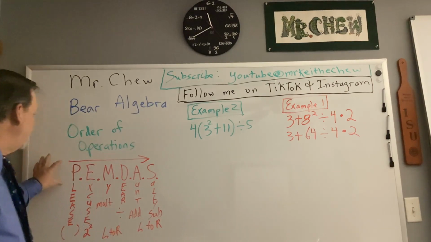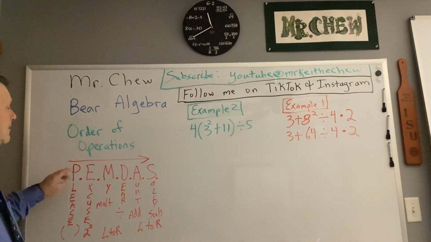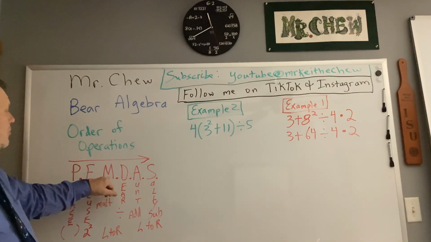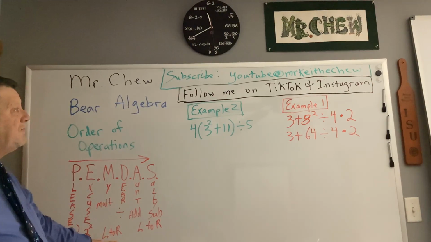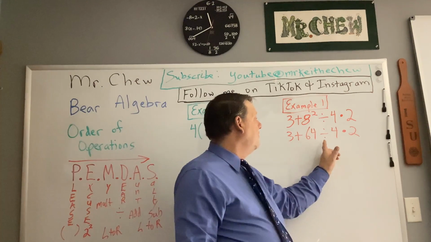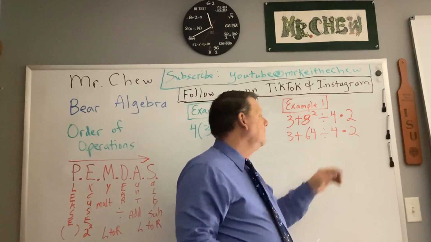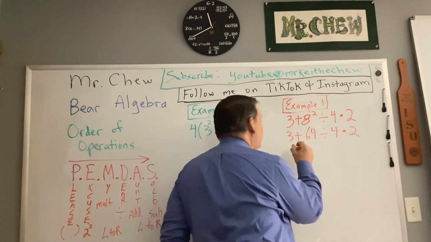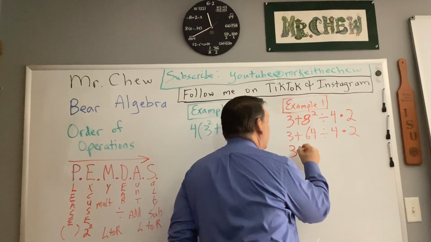Now we've already said there were no parentheses. We've already done the exponents. Now we're going to do multiply and divide from left to right. So from left to right, which is first? We divide. And it does change your answer if you do it wrong.